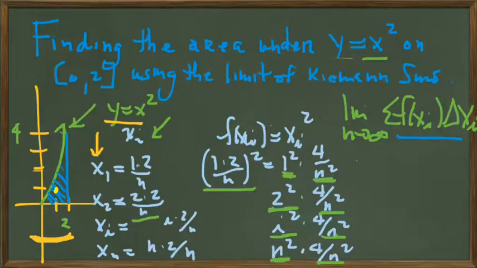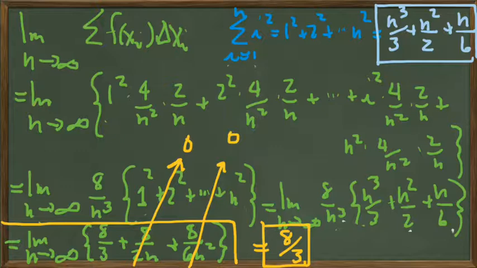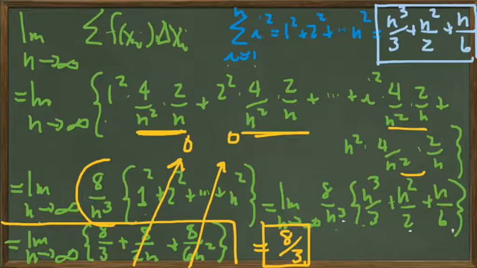And then we plugged that into the function y equals x squared, so we square each of these expressions, and we plugged that in and got all of these terms, kind of cluttered, but as you recall, each term had this in common, 4 over n squared times 2 over n. We factored that out, the 8 over n cubed, that left this expression 1 squared plus 2 squared plus n squared.